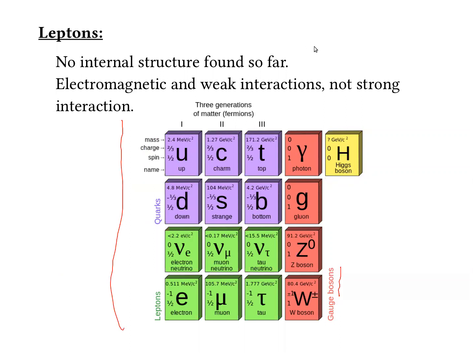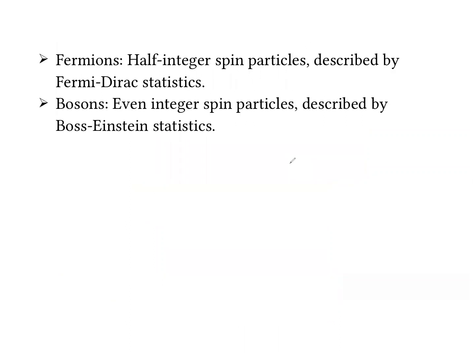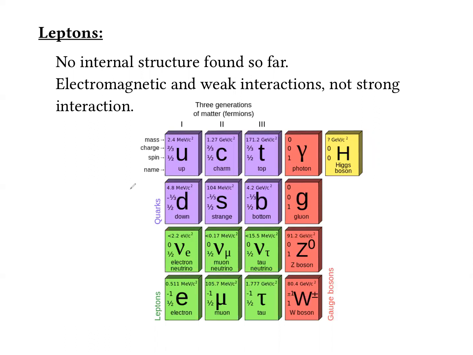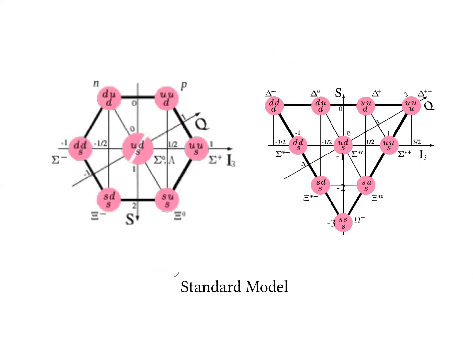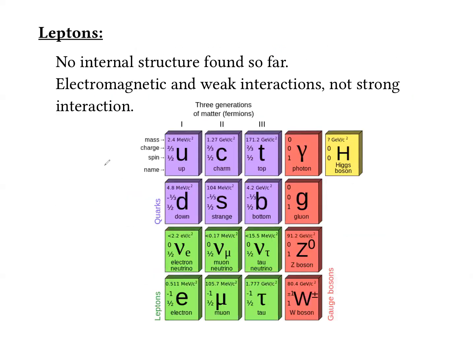All these come with their antiparticles also. Quarks come as antiquarks, leptons come as antileptons. The electron has negative charge, and the tau has negative charge, and they also come with the positron, mu plus, and tau plus, and the corresponding antineutrinos: electron, mu, and tau antineutrino.